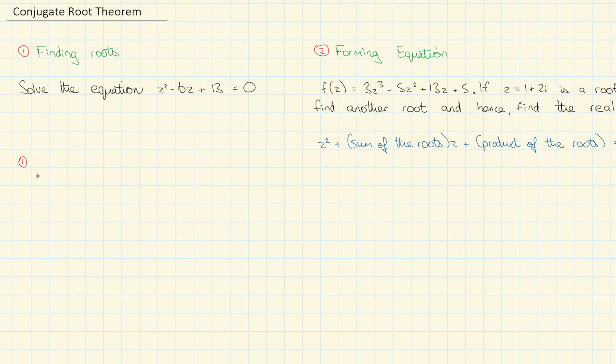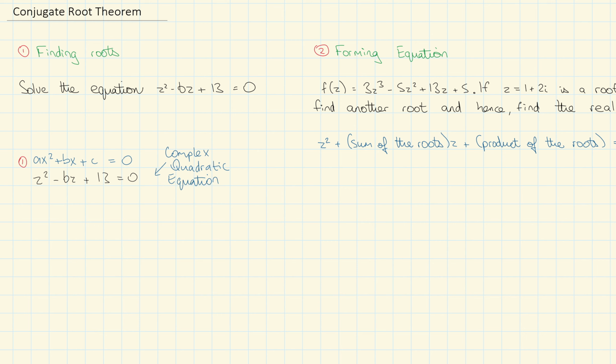So if we look here at part 1, they have given us an equation, z squared minus 6z plus 13 equals 0. And if we think about a quadratic equation, its form is ax squared plus bx plus c equals 0. So this is actually a complex quadratic equation that we're dealing with.